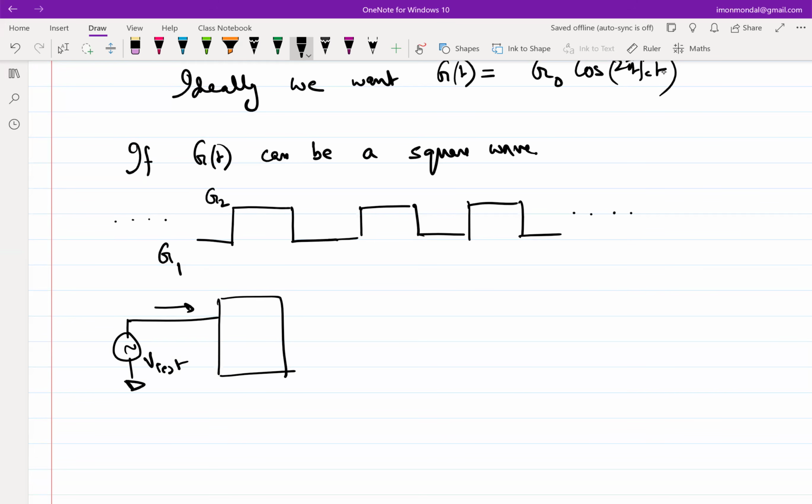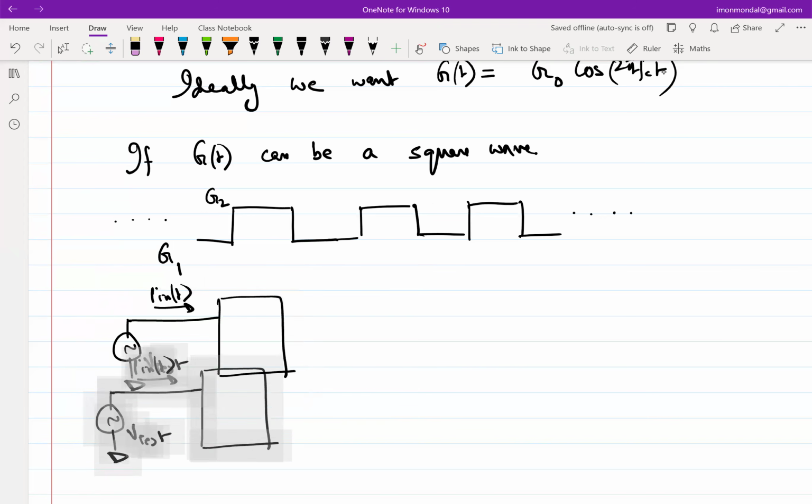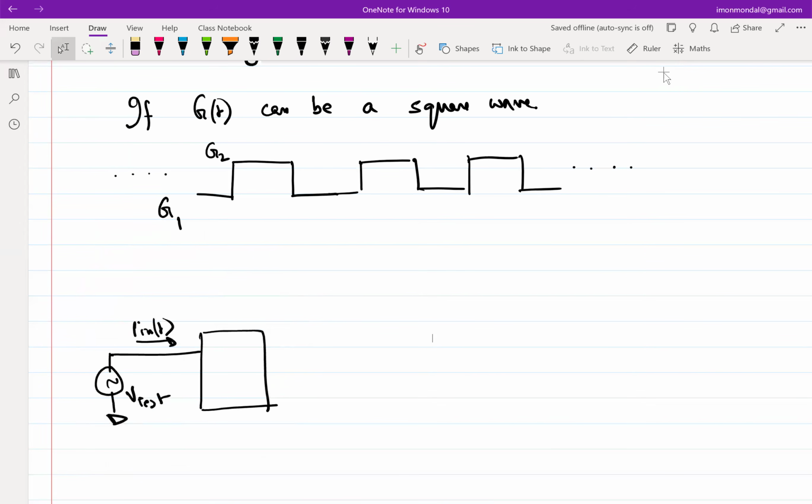This current I in t will be, if V test is, you pick your type of signal, I pick some sinusoid maybe. Right. So this is, let's say, V test.